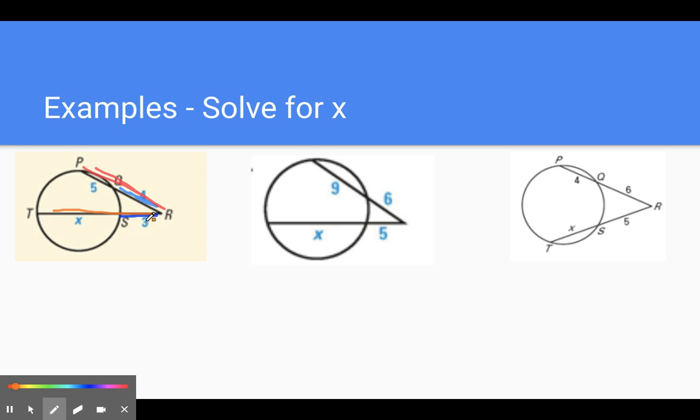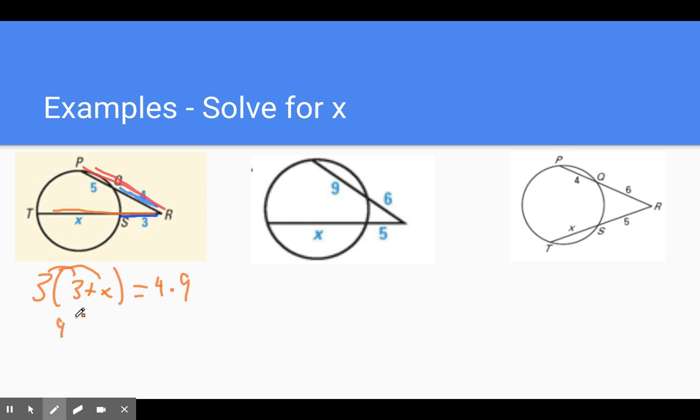So external here is 3 times the whole, which is 3 plus x, has to equal the external here, 4, times the whole, 4 plus 5, which is 9. So we distribute across. 3 times 3 gives you 9, plus 3x equals 4 times 9.